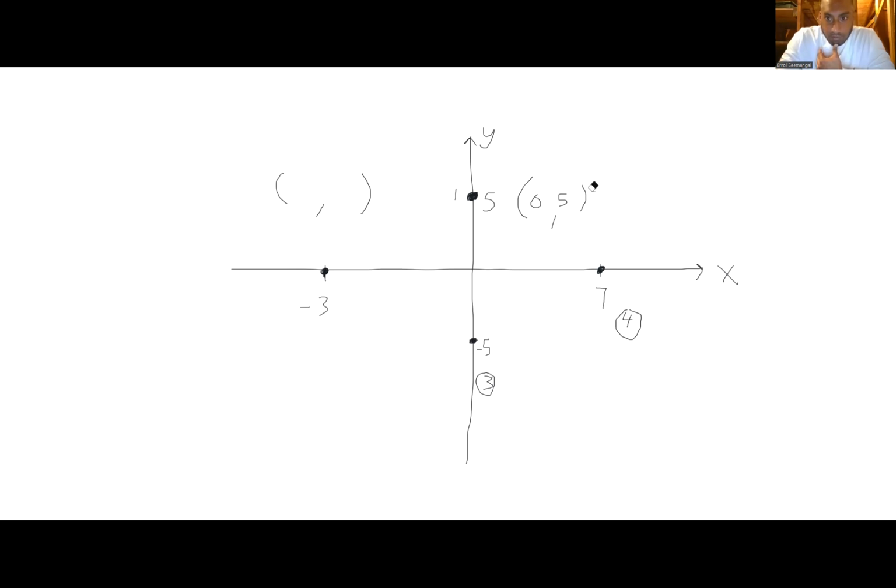Take that out, that might be confusing. Tell me the coordinates of this point right here. Negative 3, 0. Okay, good.